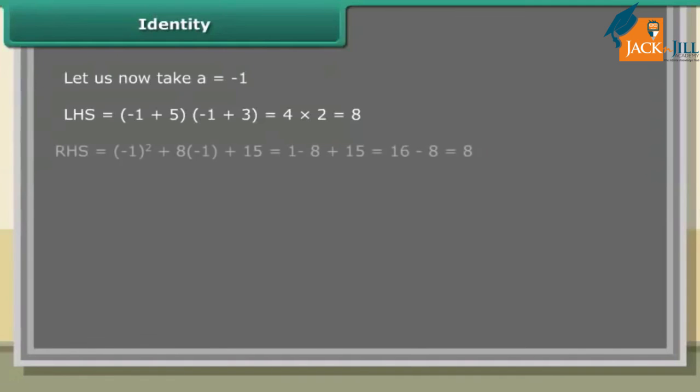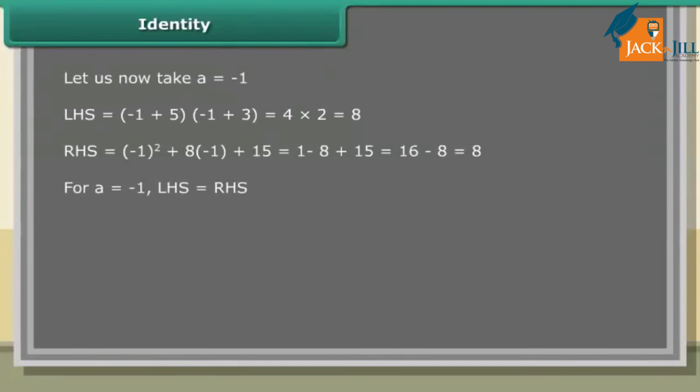Let us now take a as minus 1. LHS is equal to (minus 1 plus 5) into (minus 1 plus 3), which is equal to 4 into 2, which is equal to 8. RHS is equal to (minus 1) square plus 8 into (minus 1) plus 15, which is equal to 1 minus 8 plus 15, which is equal to 16 minus 8, which is equal to 8.